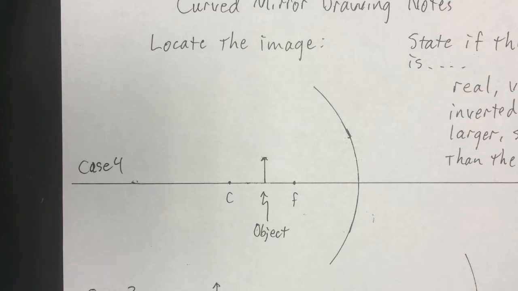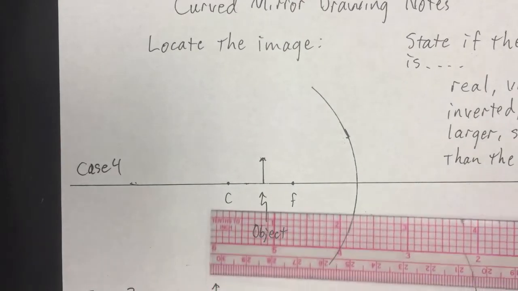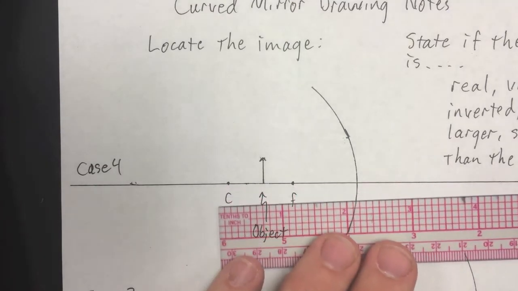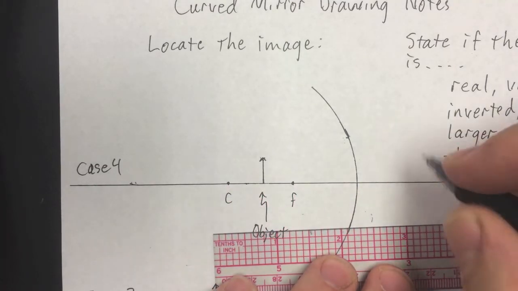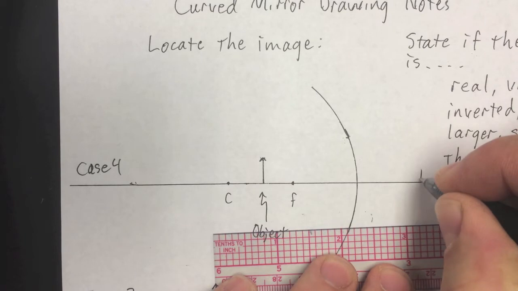When you do these drawings, you have to look at 2 light rays. One of the light rays always goes parallel to the principal axis, which is this line here.